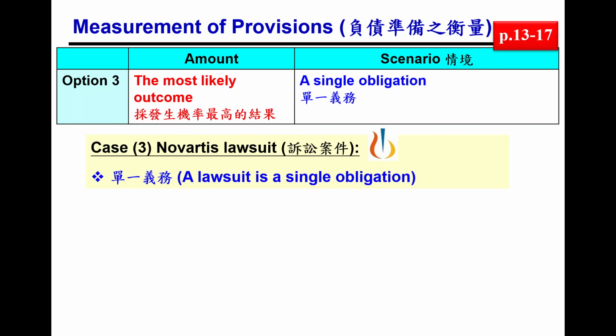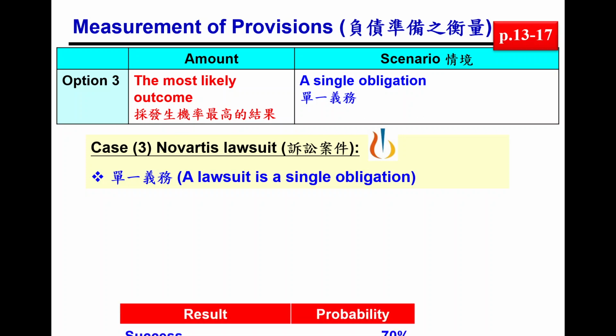So you just look at the individual case. For your lawsuit, you have only one obligation. So when we talk about a single obligation, only one case, case by case, then for this, we will choose the most likely outcome.